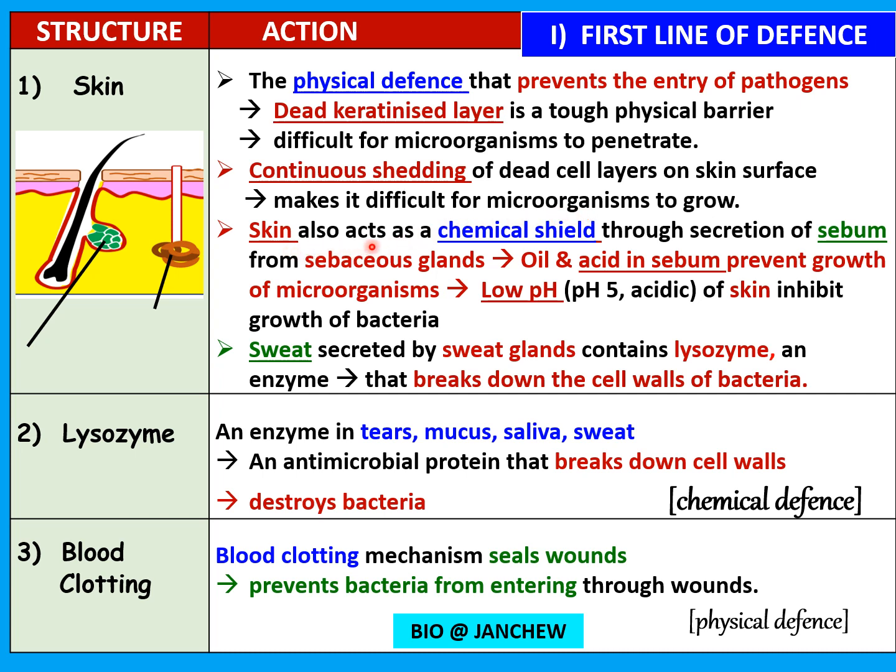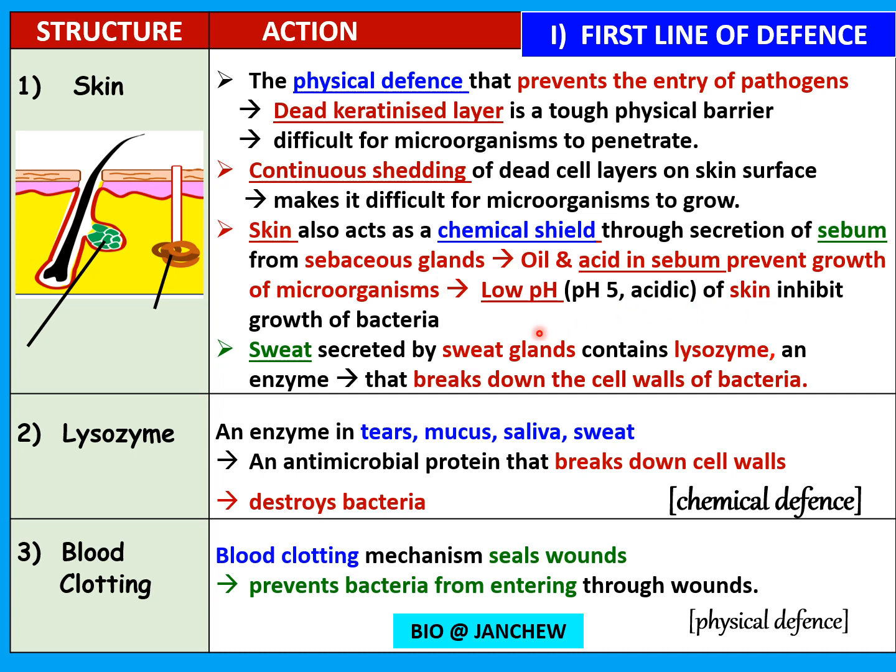Now, skin also acts as a chemical shield through secretion of sebum from sebaceous glands. The oil and acid in the sebum prevents growth of microorganisms, and the acid causes the skin to have a low pH of around pH 4.5 to 5.5, around that range.